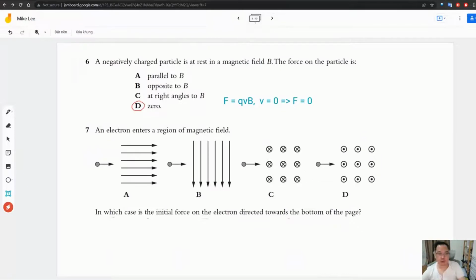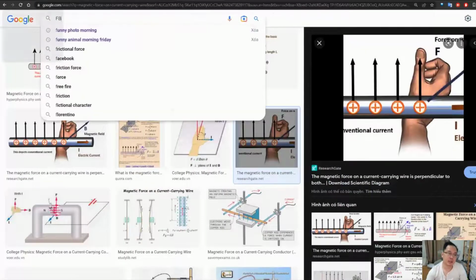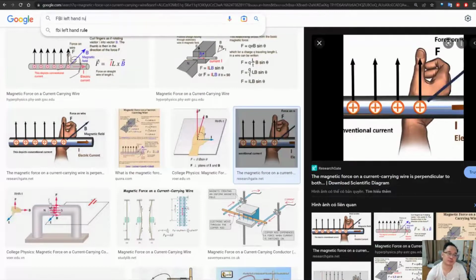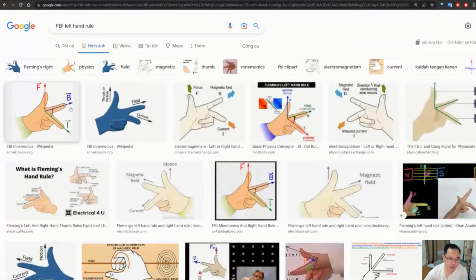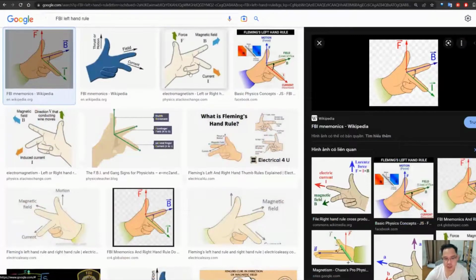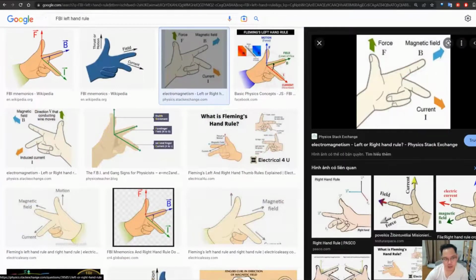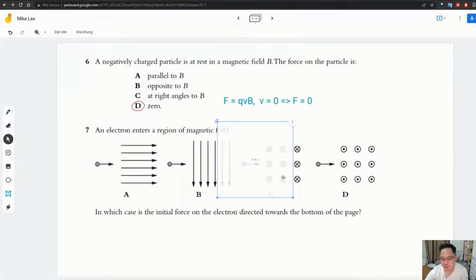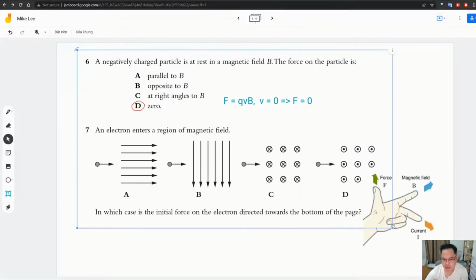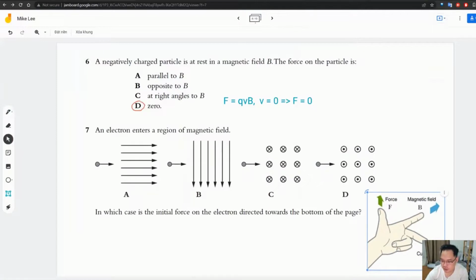In the FBI left-hand rule, the middle finger is the direction of the current, and current is the direction of positive charged particles. Therefore, for a negative particle, the electron in this case, the direction of the current I is opposite to the direction of the electrons. So using the FBI rule, the force is downward like this.